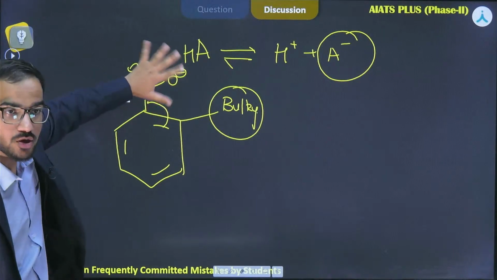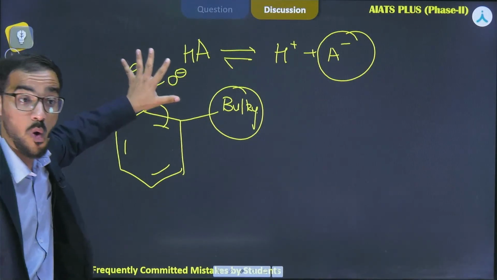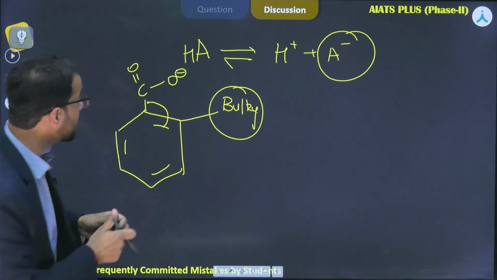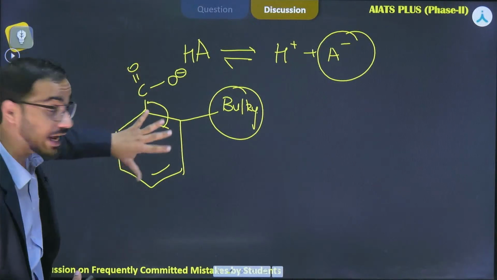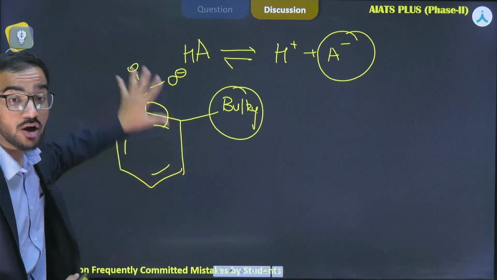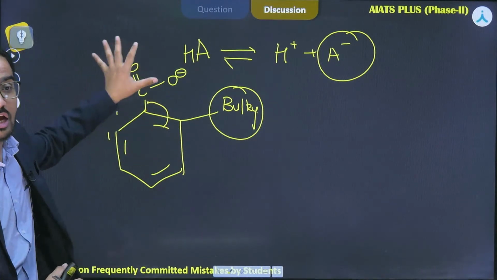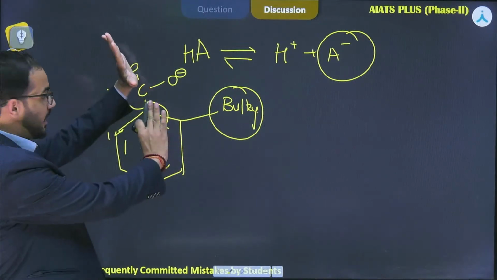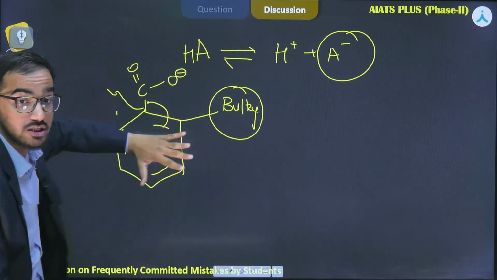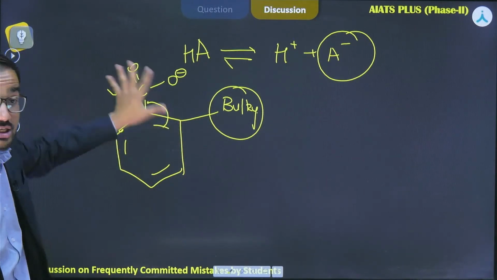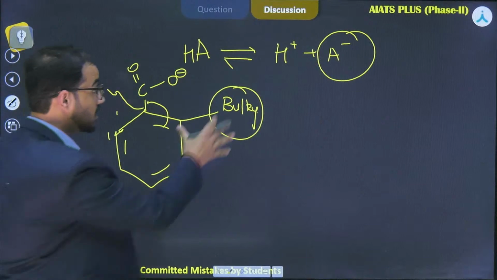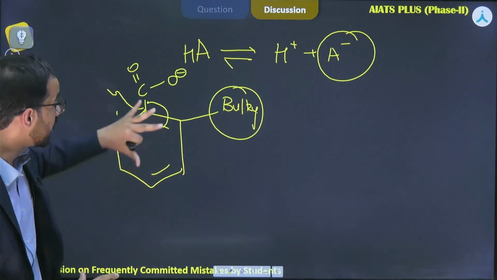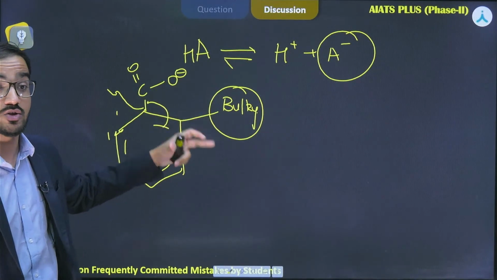The carboxylate ion is not in a plane with this ring. It means the interaction from the plane is not involved in the carboxylate group. It is not like this; it will turn like this. The plane will turn like this. It means there will be no resonance from that position. This happens because of the presence of the bulky group.